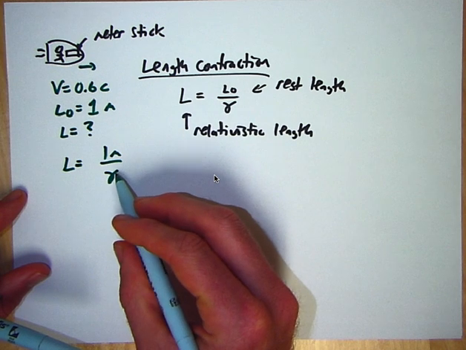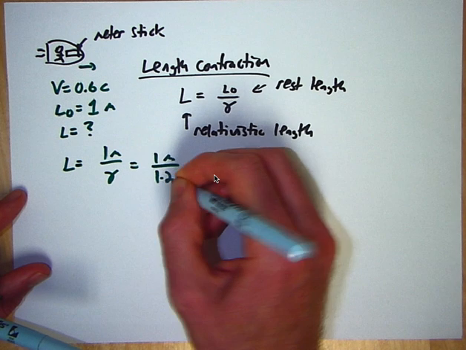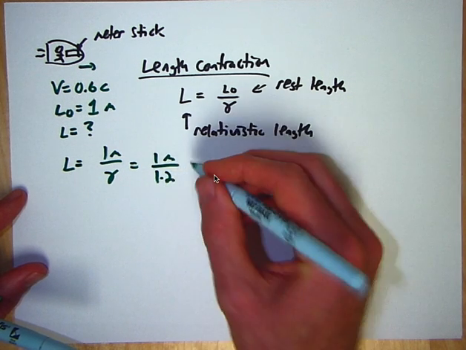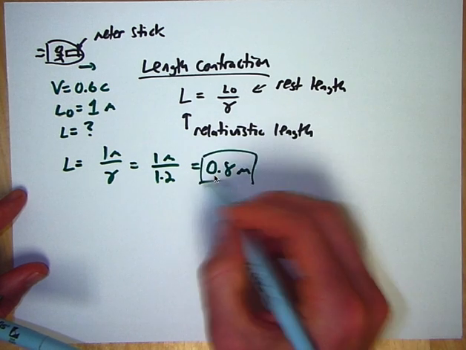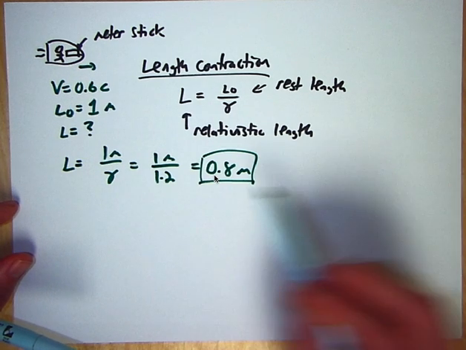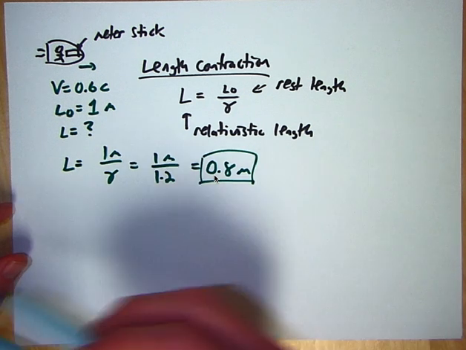We know gamma because we already did it on the other page, so that's 1 meter divided by 1.2. 1.2 is 5/4, so flip that over and it's 4/5, so we're going to get 0.8 meters. What that means is that if we were to measure Bob's meter stick, it would actually be shorter. It would be 0.8 meters. And the faster he goes, the shorter it gets, right?